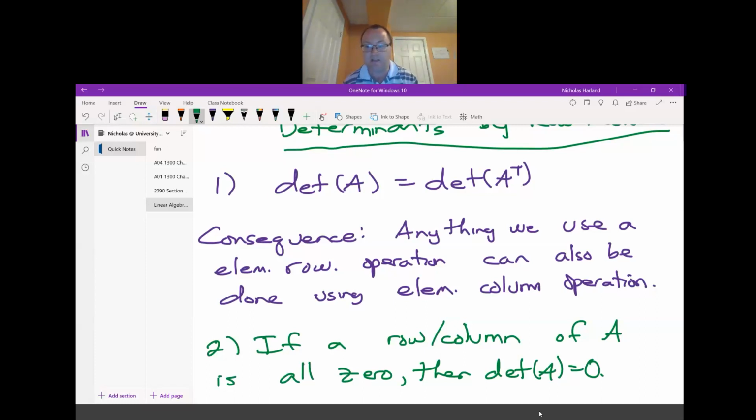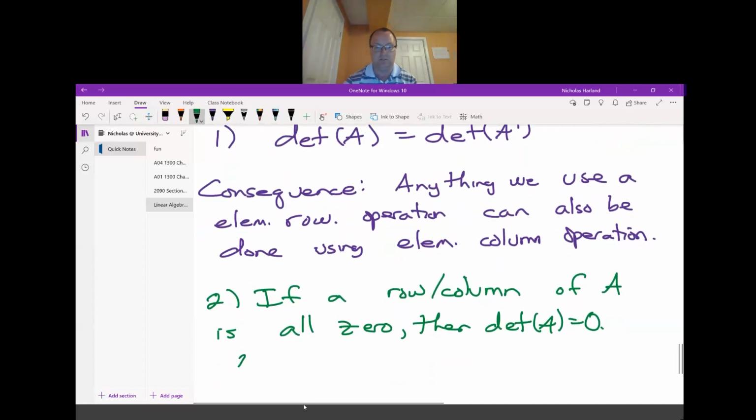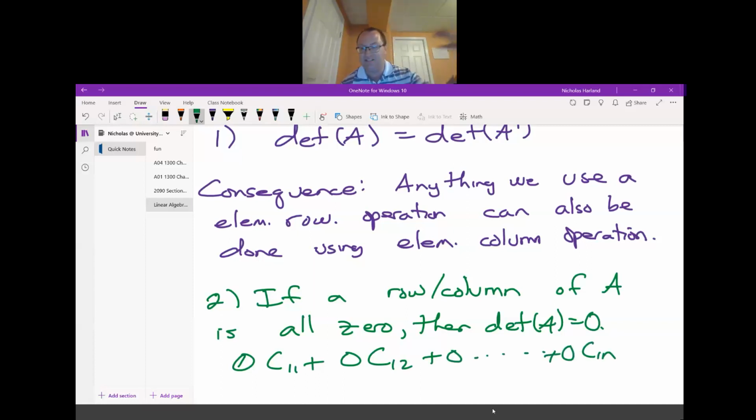And the idea behind this is row or column expansion. If you have a row of zeros, expand along that row. It is a bunch of zeros times cofactors. So 0 times C11 plus 0 times C12 plus 0, and so on, 0 times C1n. It's 0 times all the cofactors added together. It's just going to be nothing but zeros.